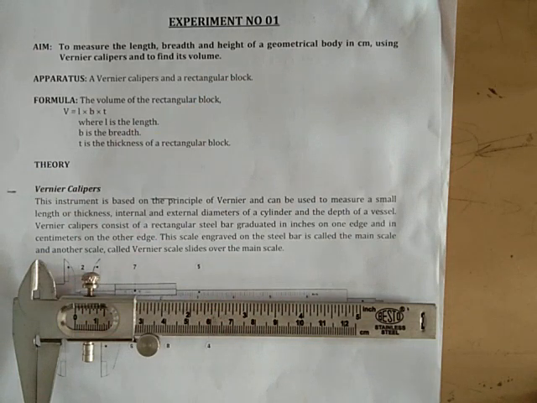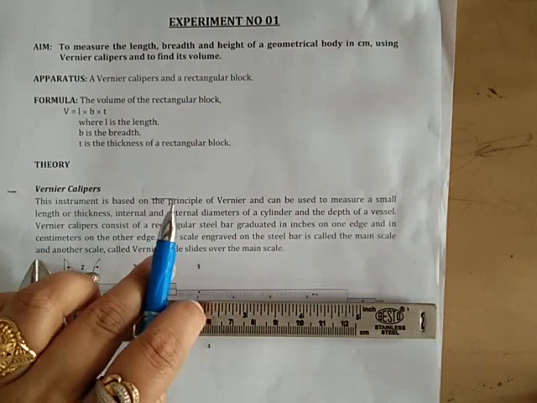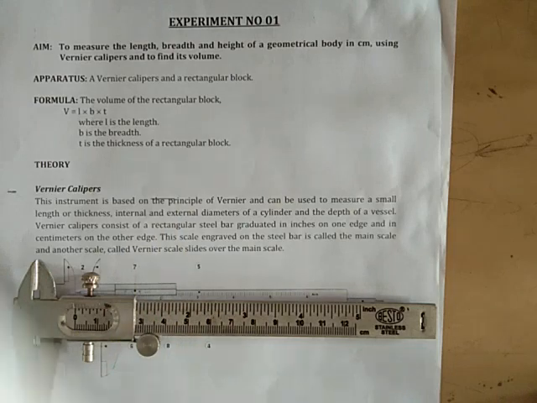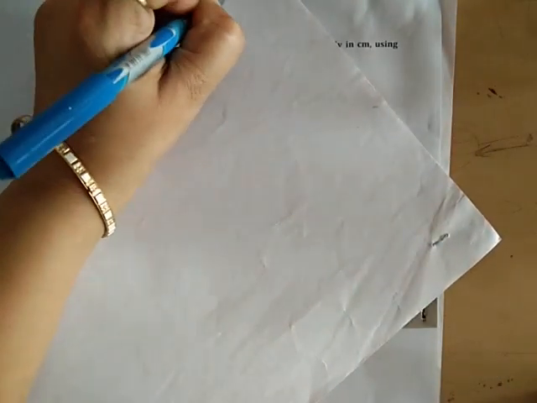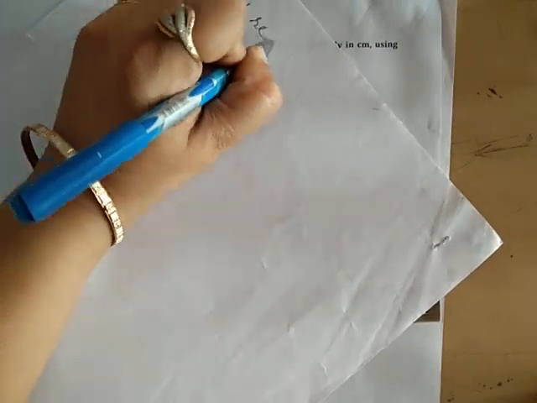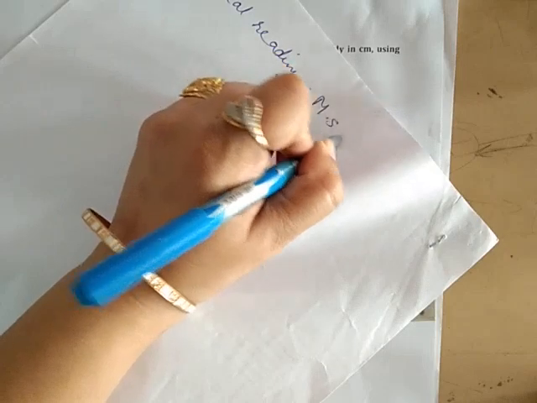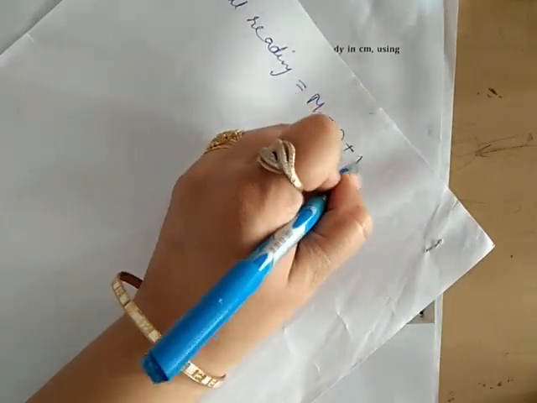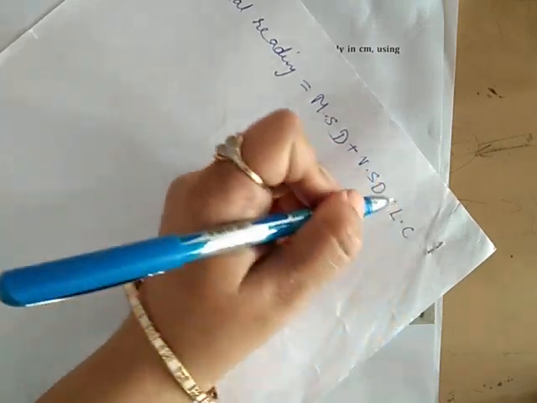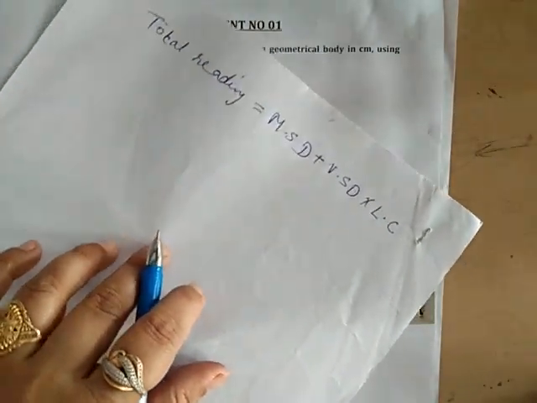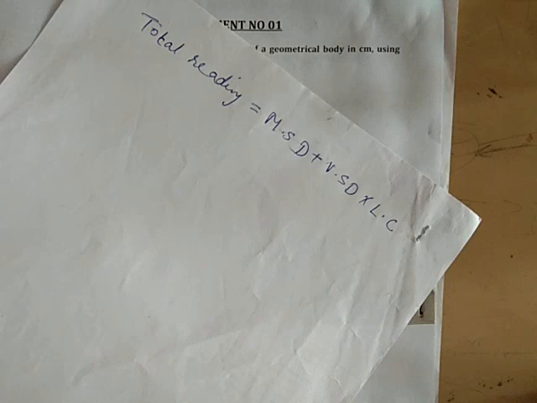Dimension can be found according to formula: total reading is equal to main scale division plus vernier scale division into least count. You can note this formula.